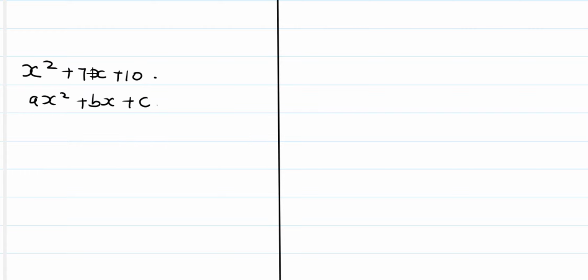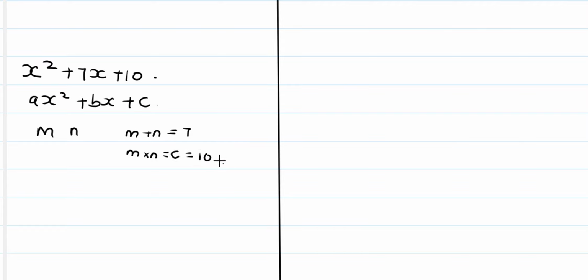So we need to find two numbers, let me call them m and n, such that when we add them, m plus n, they give us b, which in our case is 7. And when we multiply them, m multiplied by n gives us c, and in our case c is 10.